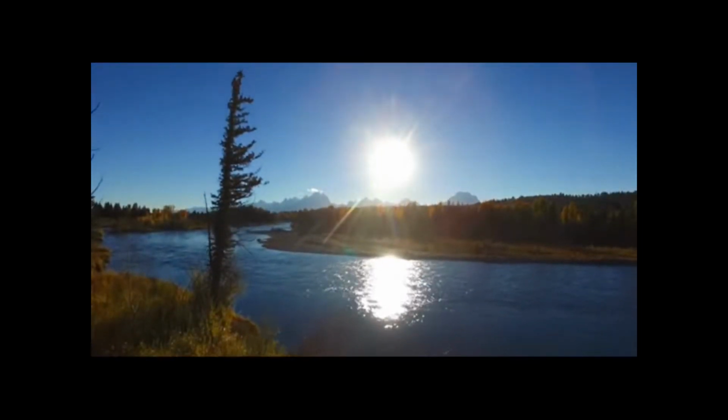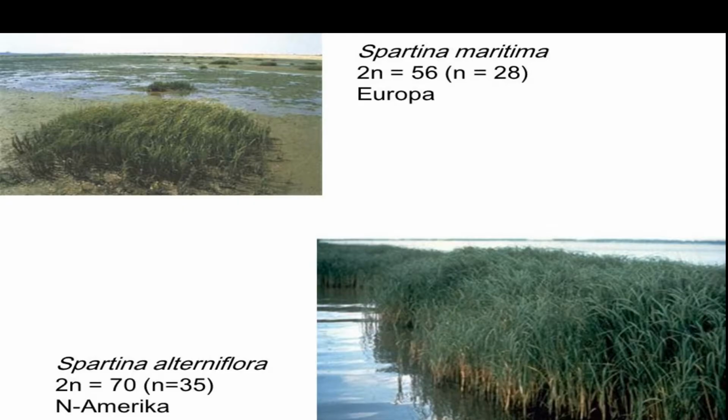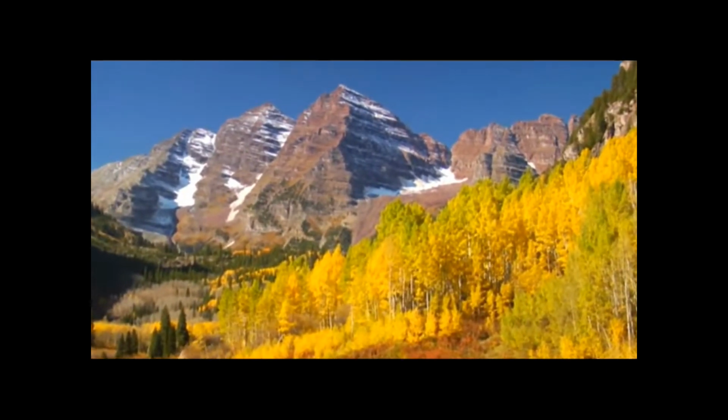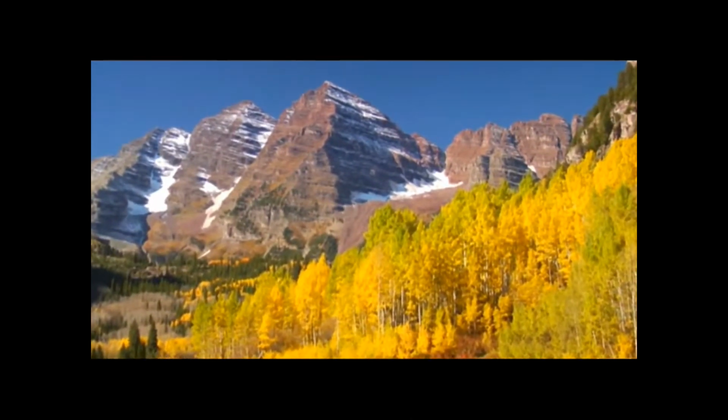Then in 1829, a different species called Spartina alterniflora was imported from America. And Spartina maritima and Spartina alterniflora hybridized, producing a new species called Spartina townsendii.